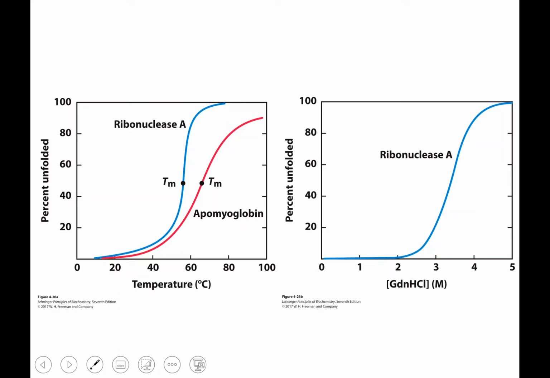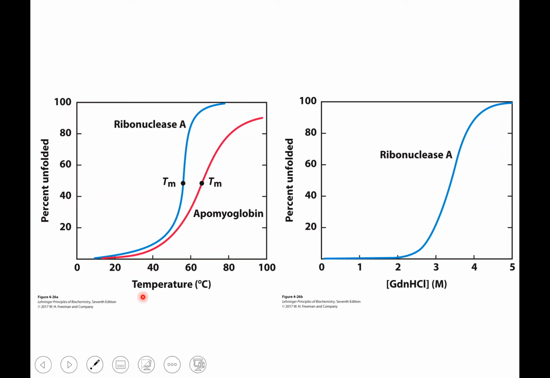Okay, but when we do these experiments in a lab, we can get a graph of this. So the percent unfolded of a protein, by looking at the absorbance level of certain amino acid side chains, with respect to our denaturing conditions.